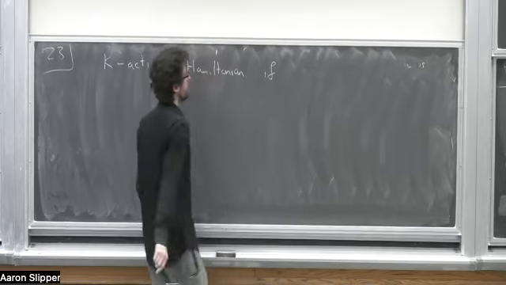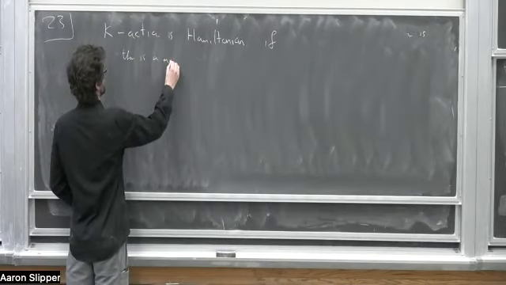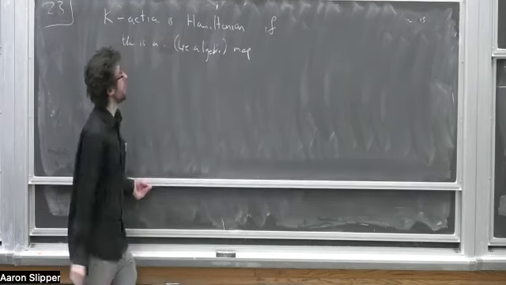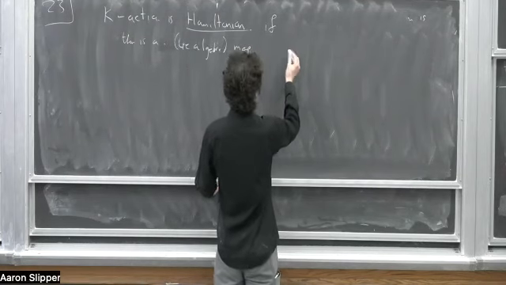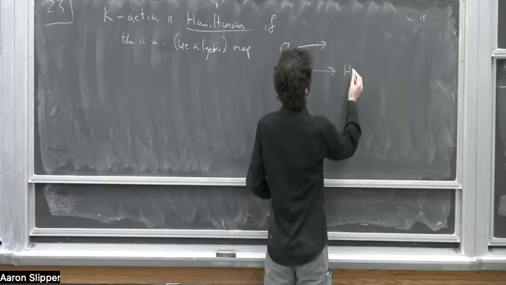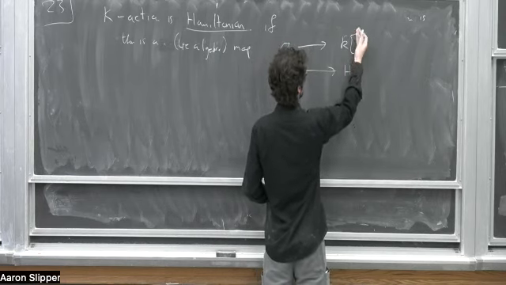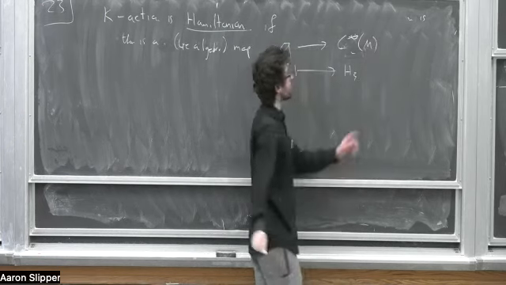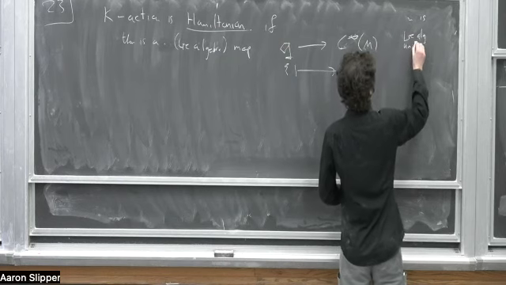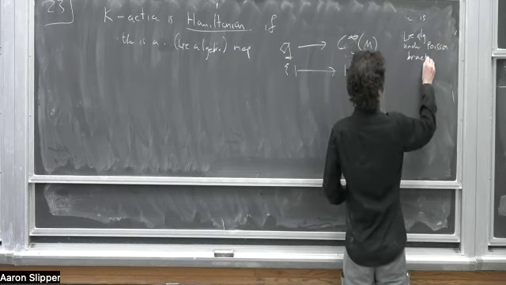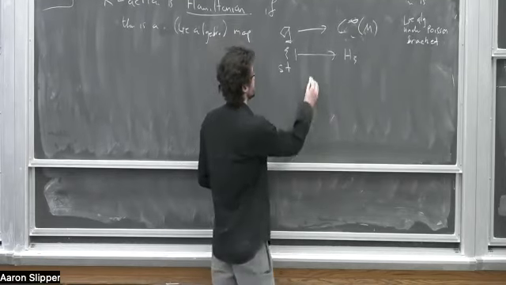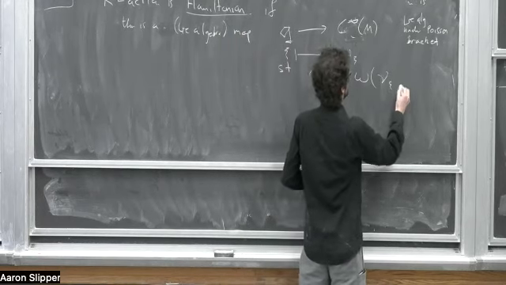The action is Hamiltonian if there is a map from g to the functions, C infinity of M, where we realize this as a Lie algebra under the Poisson bracket, sending xi to h_xi, such that d of h_xi is equal to omega of psi_xi.